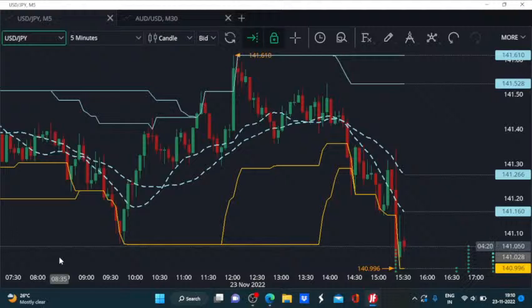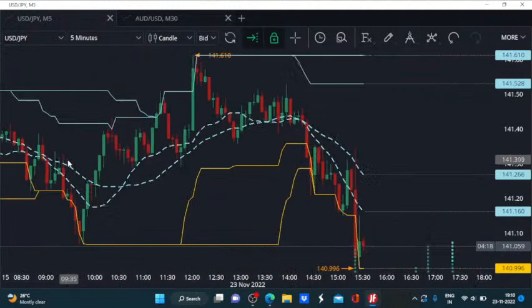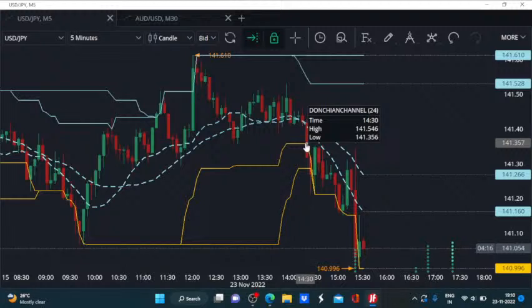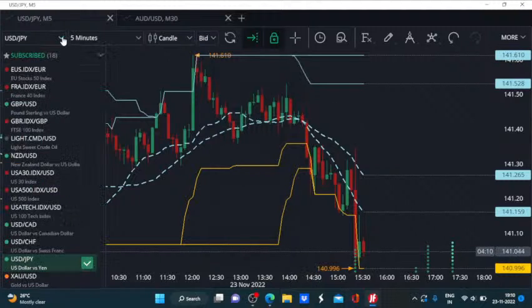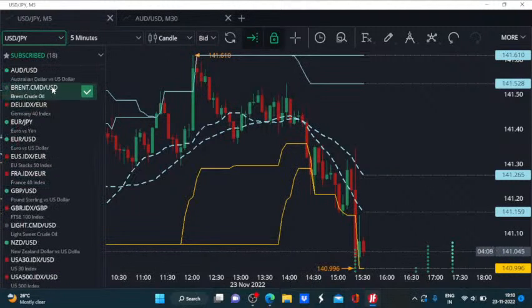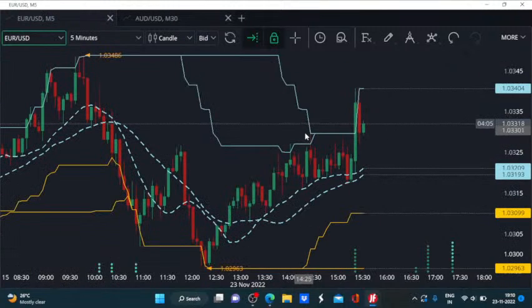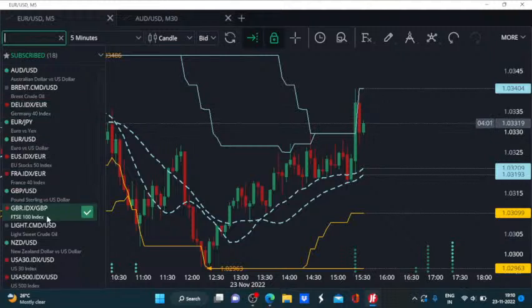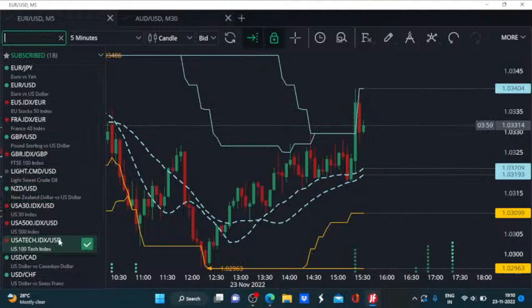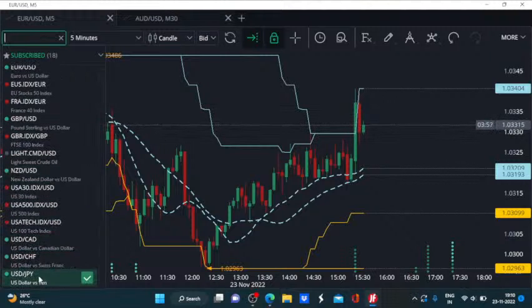Now, USD JPY. The USD JPY is also following the same trajectory, but it is lagging behind the USD CHF. For Euro USD, the price action is on similar footing.